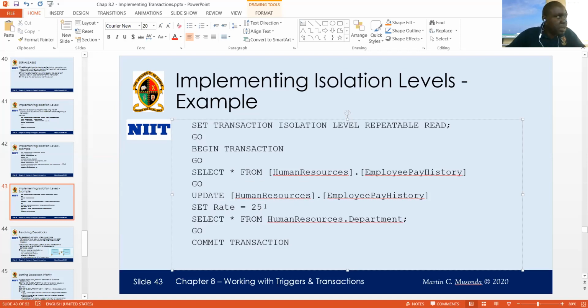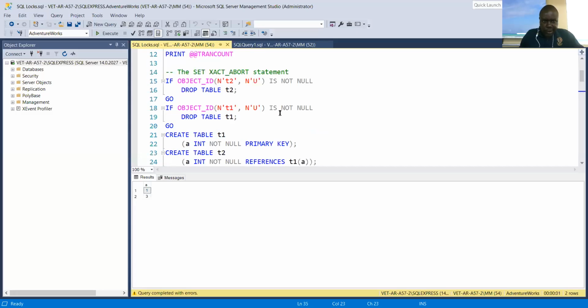Remember, when you use update without the where clause, then it's going to update all of them. Once I do that, then I want to select and show the departments. Then I commit the results. Okay, so let me go to the management studio and show you what I'm talking about.